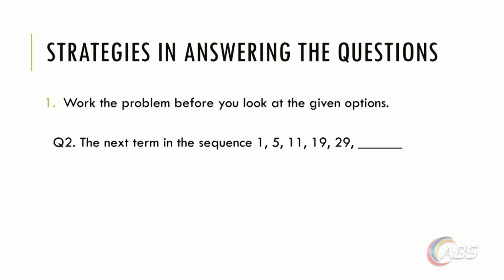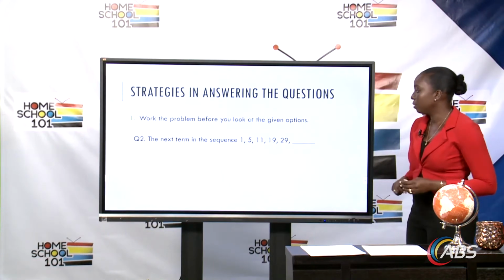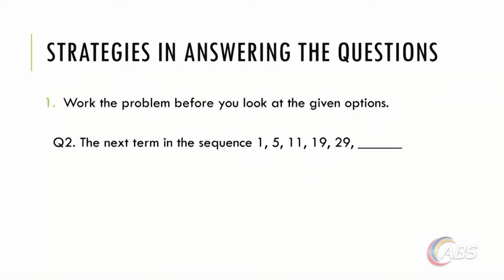With that same strategy, here's another example. The next term in the sequence 1, 5, 11, 19, 29. When we have sequence problems like these, we want to find a pattern, some sort of connection from one number to the next.